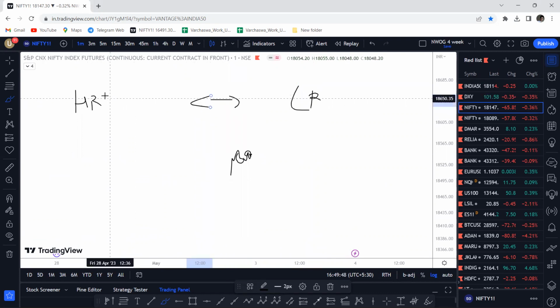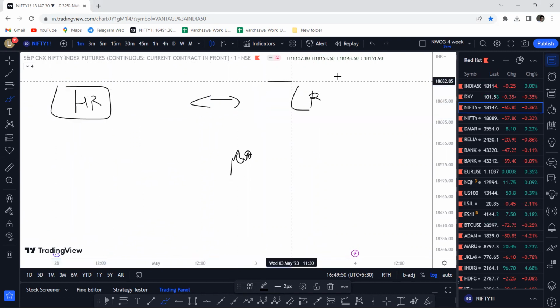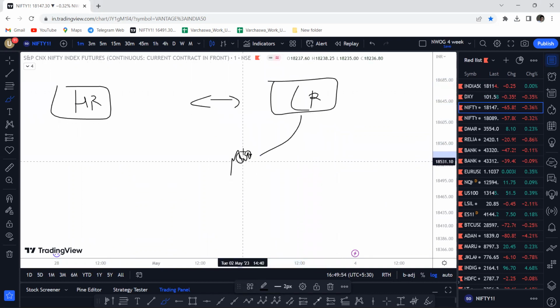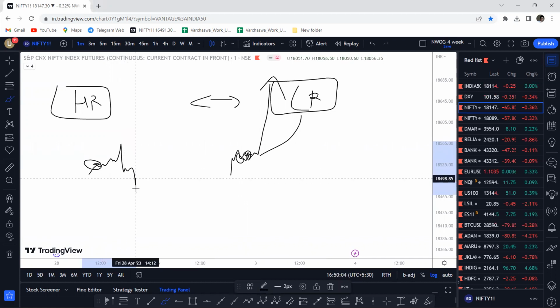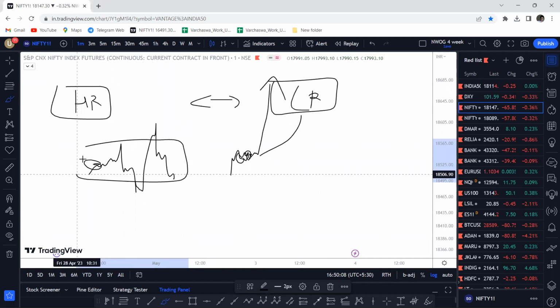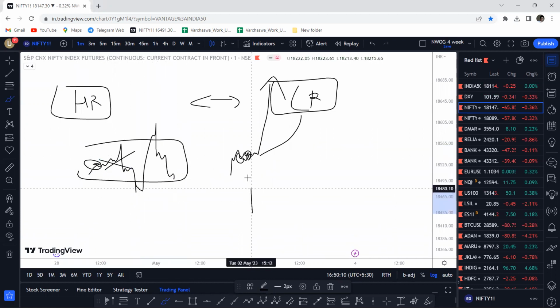If you take VCP trades at low resistance conditions, you will see it spiking up like this. In high resistance conditions, if you enter a VCP trade like this, it will go up and then hit your SL and then probably go up like this. So this is not the perfect scenario for you. The perfect scenario for you is this.